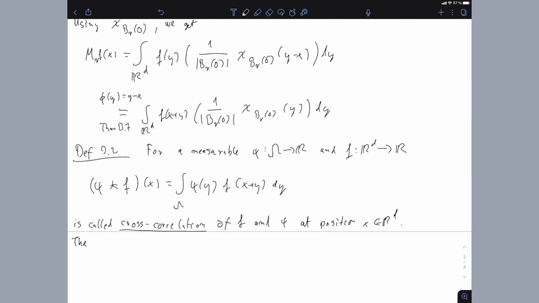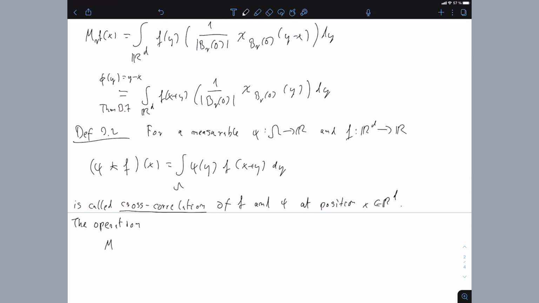Now the operation of assigning an image f to the filtered version, so I am assigning the map f to a map that's mapping x to psi correlated with f at position x, is called linear filter with kernel psi.